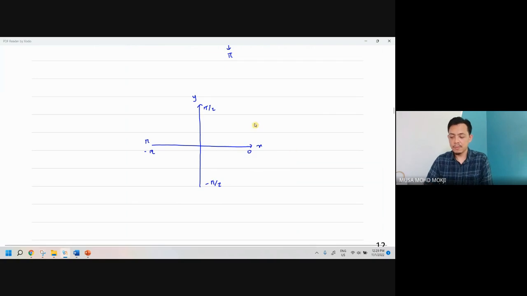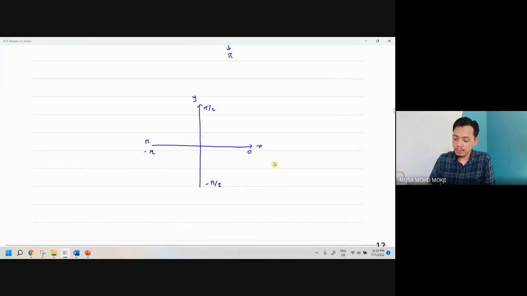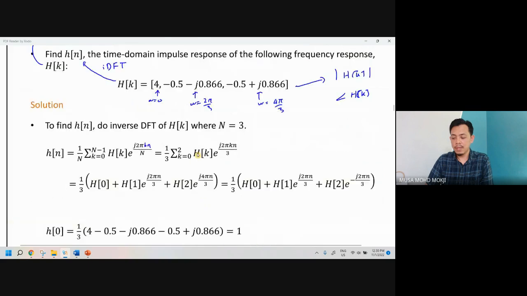So this is 2 pi over 3. So 2 pi over 3 is somewhere there. Okay, so this is 2 pi over 3. But then we have 4 pi over 3.